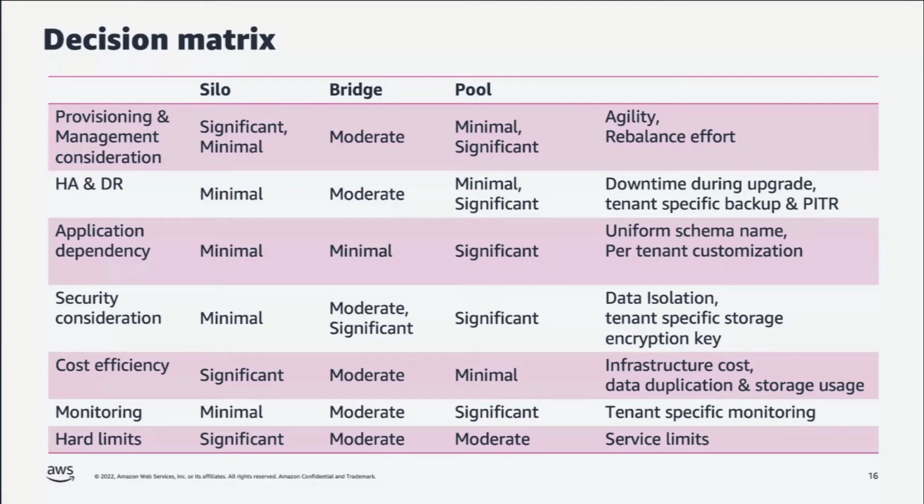Data duplication and storage usage is the highest in silo and bridge with the database-per-tenant model in PostgreSQL, for example the system catalog tables, application common tables, and reference tables. They are minimal in the pool model and bridge with schema-per-tenant model, but a little bit higher when it comes to bridge with database or silo models.